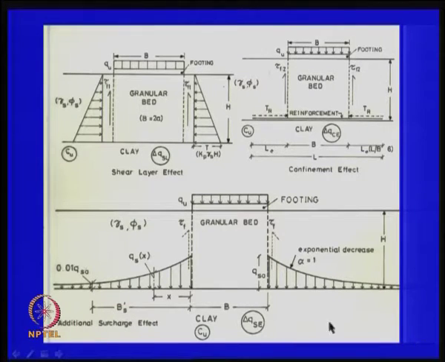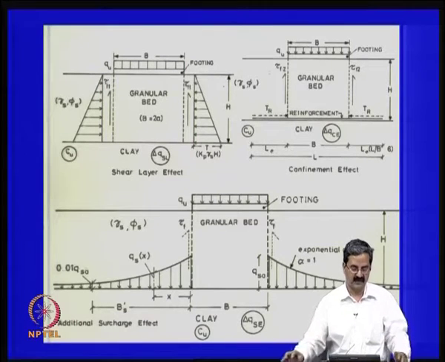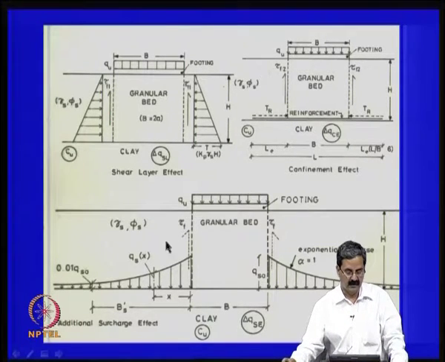The thing is that when you place a reinforcement, it is not just about its confinement effect, the additional surcharge effect is also there, like there is a load applied on that, and it is valid up to, say for example, if the length of the reinforcement is such, it goes up to 0.01 of the shear stress distribution, okay. So, these 3 things are very important, and if you are able to compute all the 3 things, then bearing capacity improvement is possible even in the case of soft soil.